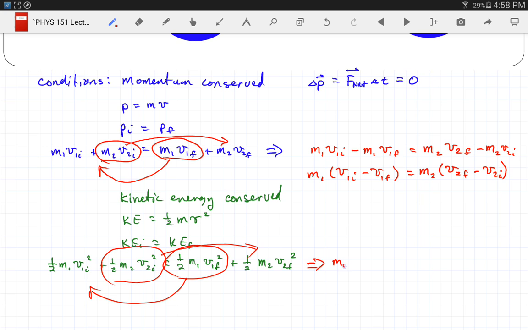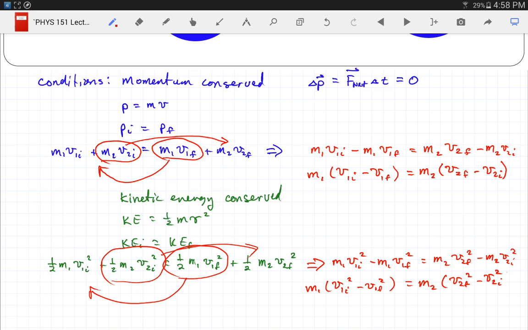So this will give me mass 1 v1 initial squared minus mass 1 v1 final squared equals mass 2 v2 final squared minus mass 2 v2 initial squared. Once again, as done above, factor out the mass 1, v1 initial squared minus v1 final squared equals mass 2 times v2 final squared minus v2 initial squared.